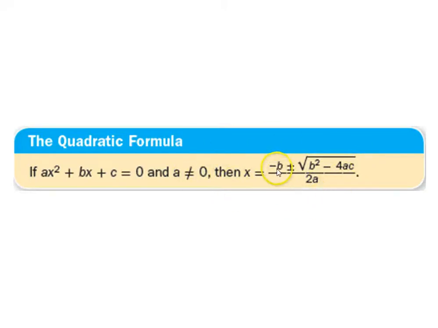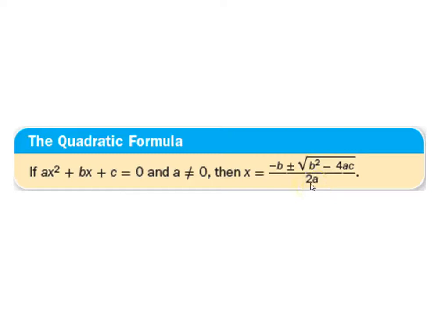X equals negative b plus or minus. This is a plus or minus sign, meaning that we are going to add, and then we are also going to subtract. So we'll have two separate answers, and that's a result of this square root, because then we will take the square root of b squared minus 4ac divided by 2a.